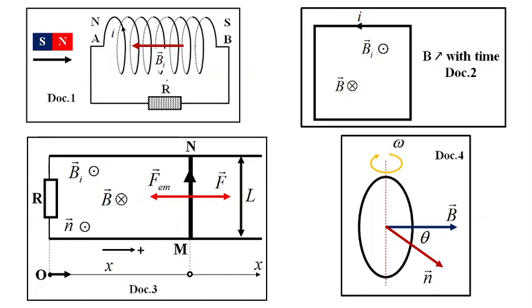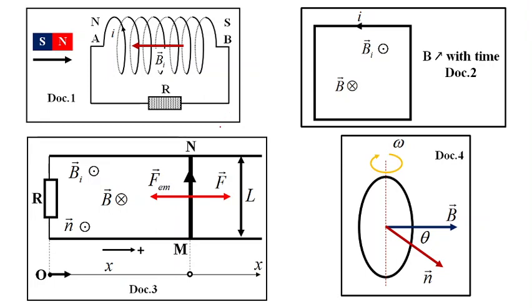So these two cases are a change in B. In this case a rod is moved by a force F to the right, and the last one is a coil rotating with an angular frequency omega.